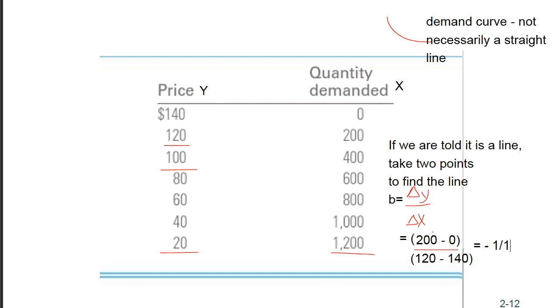One over 10. So let's put this together. I need to find the intercept, but I know the intercept. It's right here.